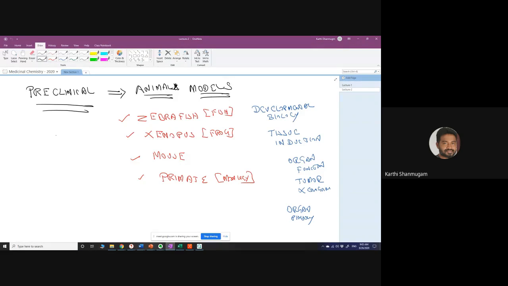Also, sometimes we have to ensure that the metabolic pathway we are trying to work on is exactly or almost similar to the human system. The animal you are choosing should have a very close resemblance to the human system. That is how we choose the animal model for the experiments, right?